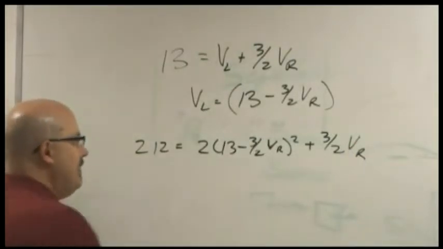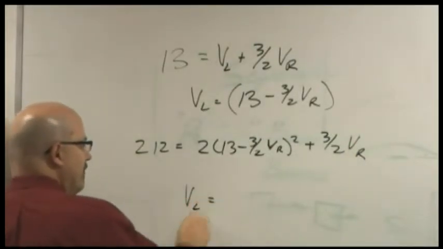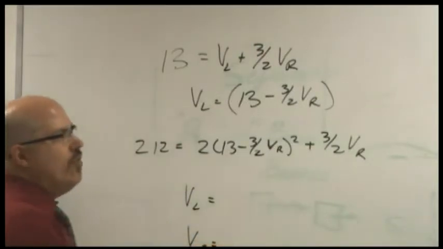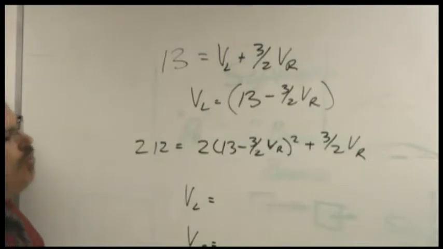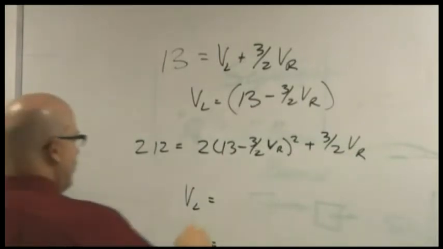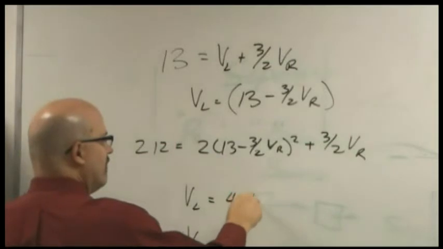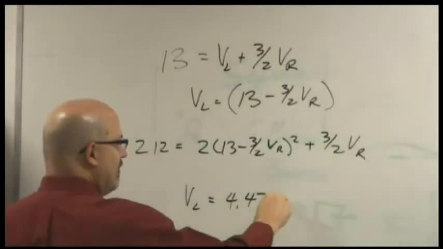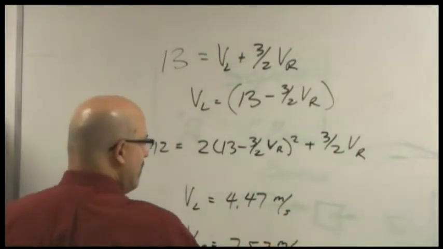What are the answers? I got 0.4 and 10. Which one's 0.4? 0.4 and 10? That's not 40. I don't think that's right. I got like 4.47 and like 7.57. I don't think that's right either.